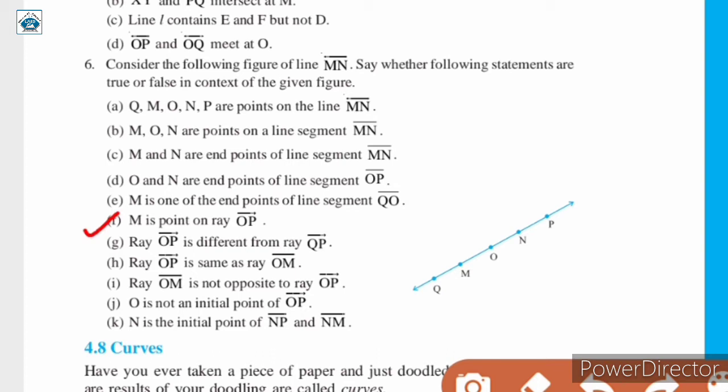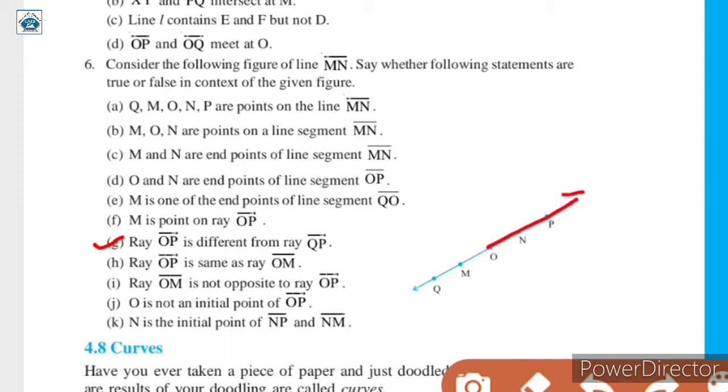Next, M is a point on ray OP. Here we have ray OP. That means O is a starting point and it can be extended in this direction. Now, M is not a point on ray OP. Therefore, this statement is false. Next, ray OP is different from ray QP.